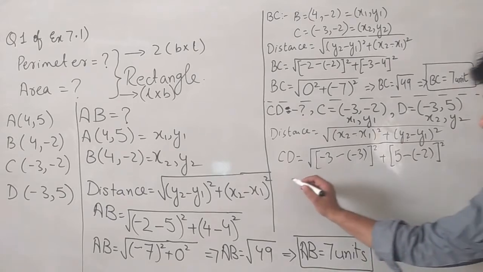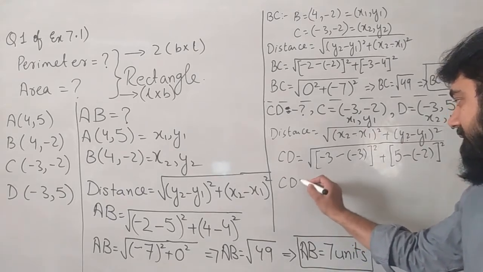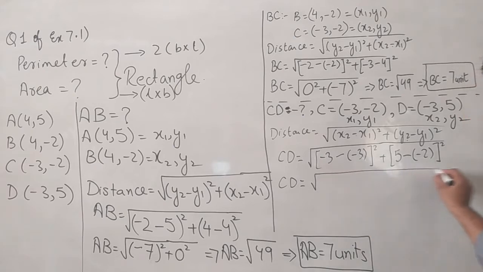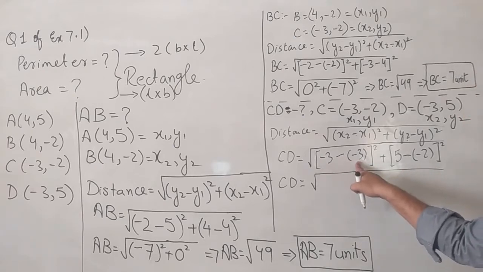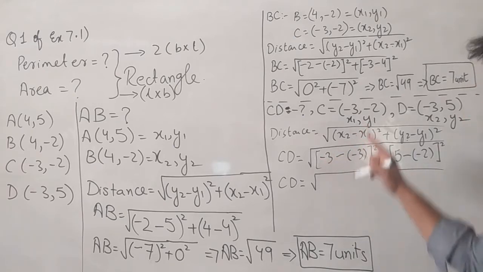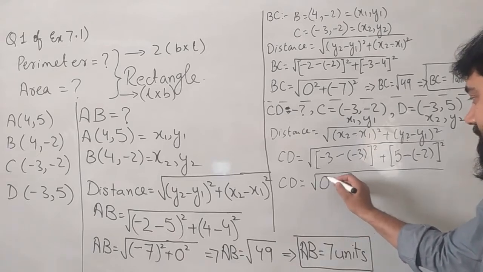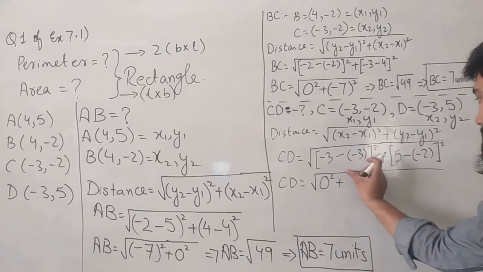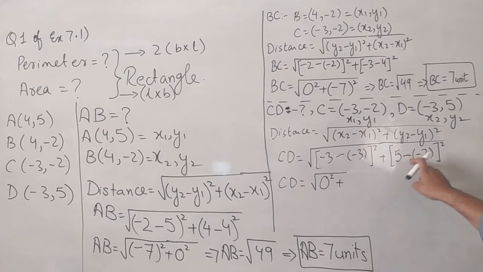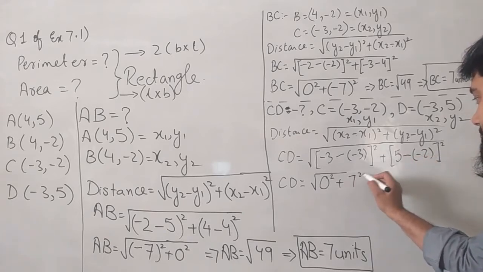Okay, simplifying it further, CD equals under root, minus minus plus, 3 minus 3 will be 0, so this will become 0 square plus 5 minus minus 2 will be plus 2, so 5 plus 2 that will become 7 square.